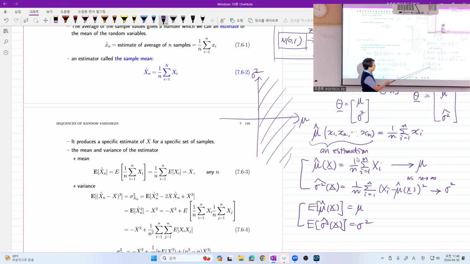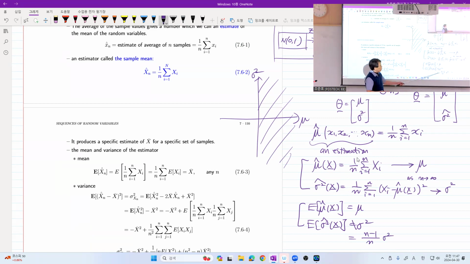The problem is that this is not true. You can easily say that this is, let me see, something like this. Yeah. So of course, if n is large enough, this is very close to 1, so you can ignore this term.